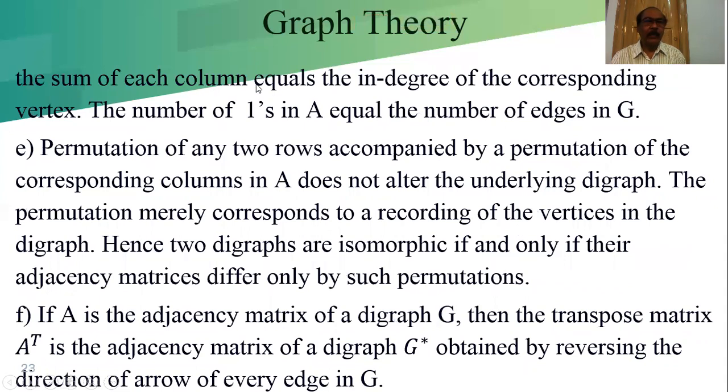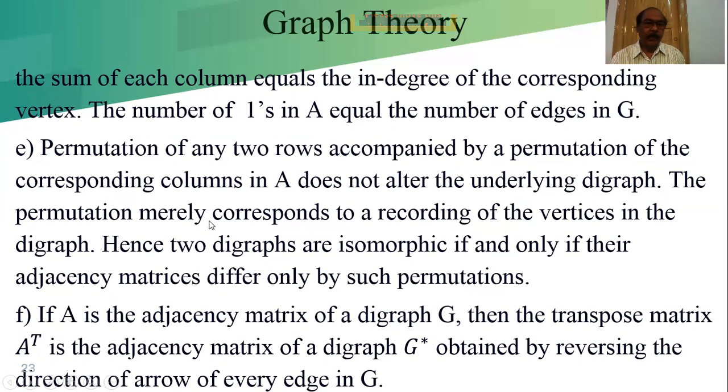The sum of each column is equal to the in degree of the corresponding vertex. The number of ones in A is equal to the number of edges in G. That is already discussed. Permutation of any two rows accompanied by a permutation of the corresponding columns in A does not alter the underlying diagram.